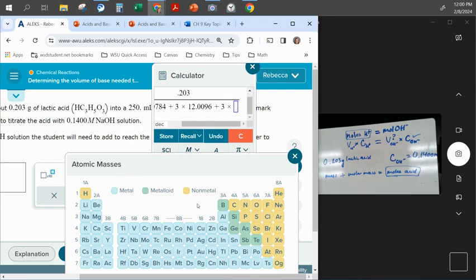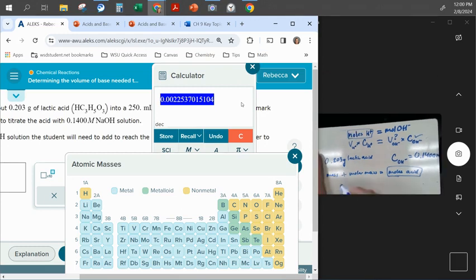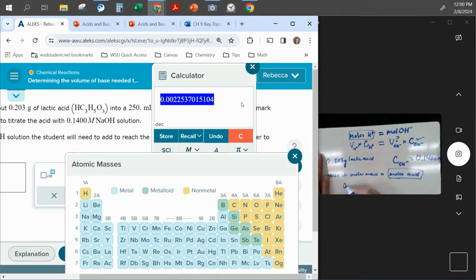If you're doing this not on the test and you don't want to practice molar mass, you can just look it up, but we'll practice this time. All right, so we're taking the mass divided by the molar mass of the acid, and this is the number of moles of acid. Okay, H+. So let's write that down.